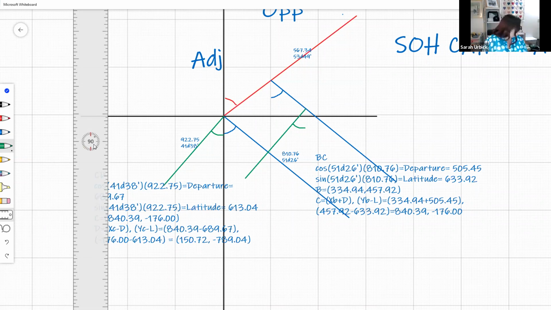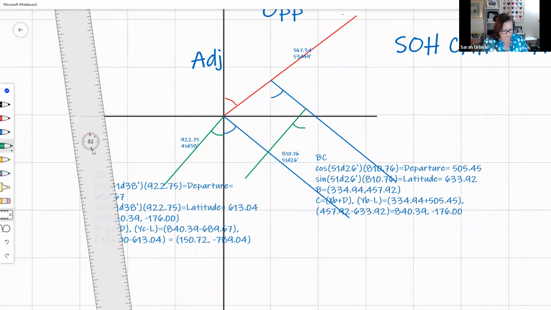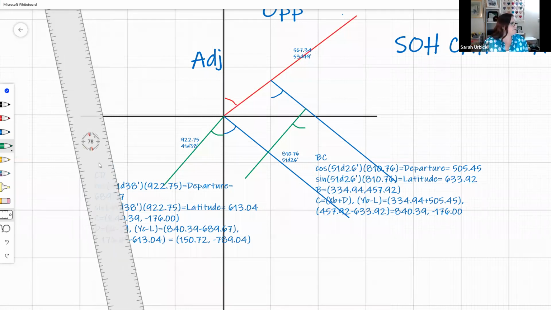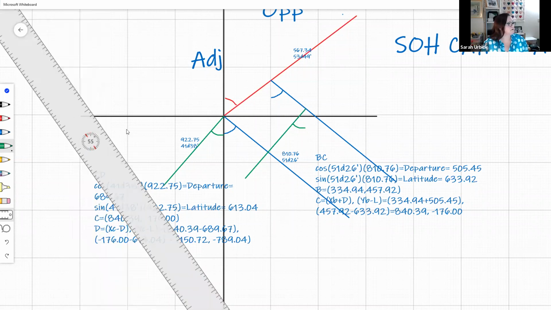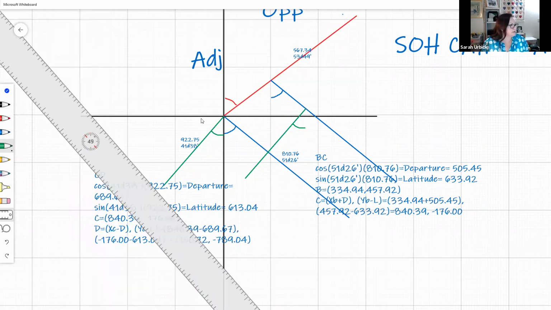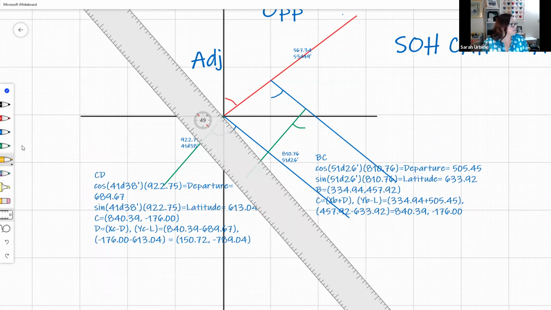So roughly 49 degrees. Do my line here. What was the length of this line? 411. Try and get a little closer. All right.